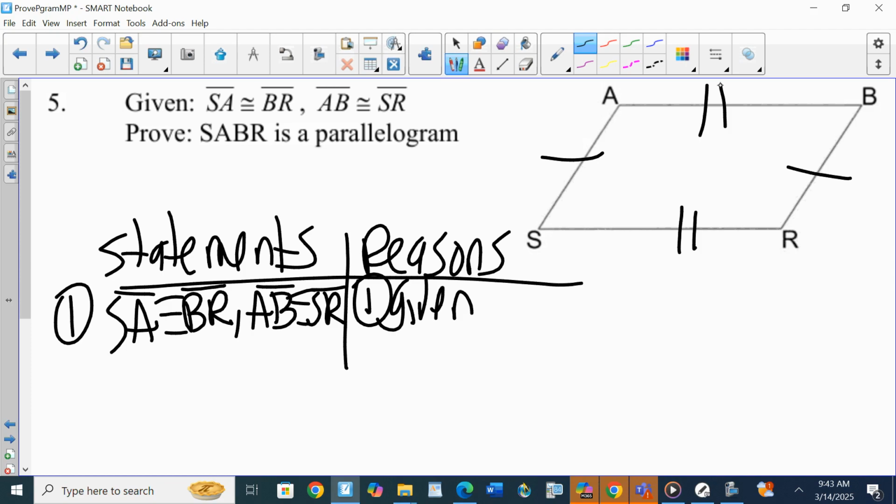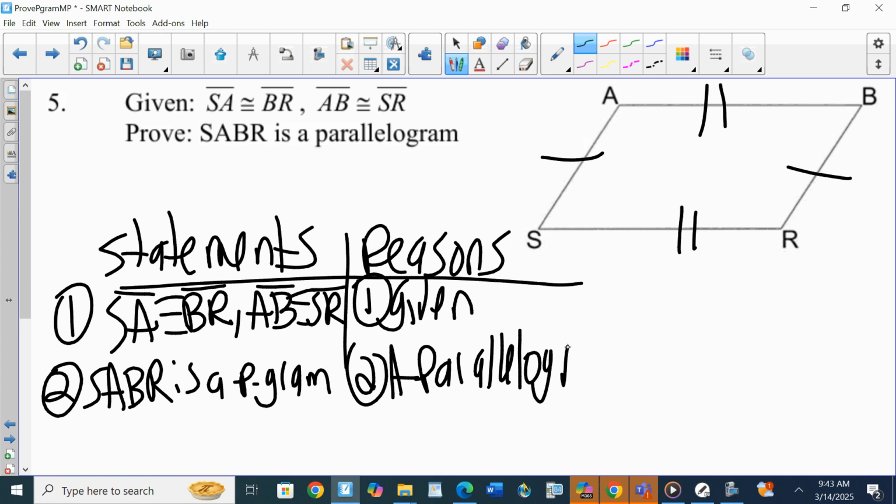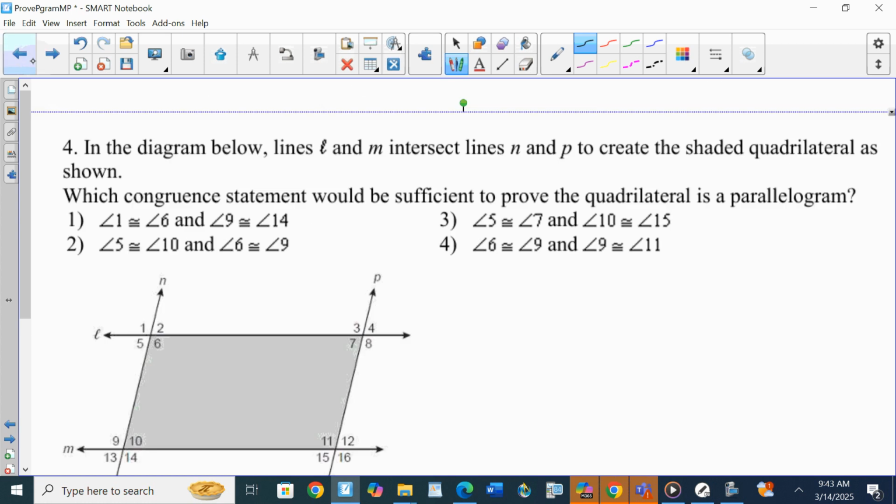Once I have one of my 5 pictures, I can state that SABR is a parallelogram, and the reason is a parallelogram has, and it's whichever of the 5 things that I did. Well, which picture do I have?